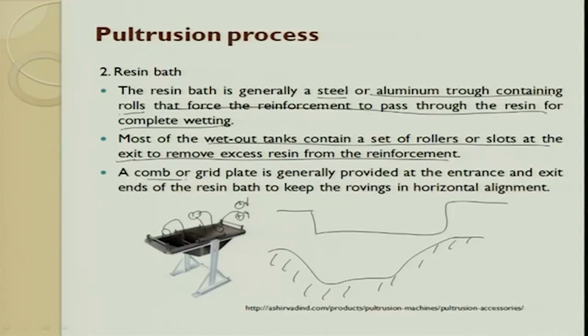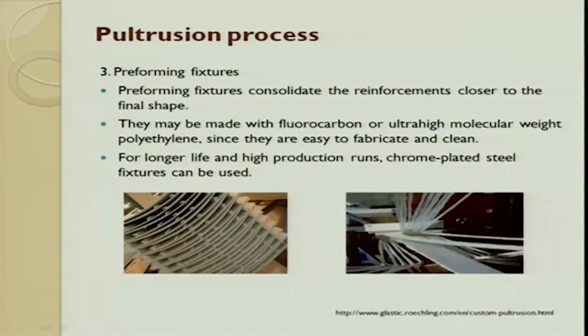A comb or a grit plate is provided at the entrance and exit of the reinforcement. A grit plate is given here. It makes sure that the glass fibers pass through this grit plate and then come into the resin bath. This is basically to maintain tension and to avoid interlocking. This is a preforming fixture. You can have a very close look at it.